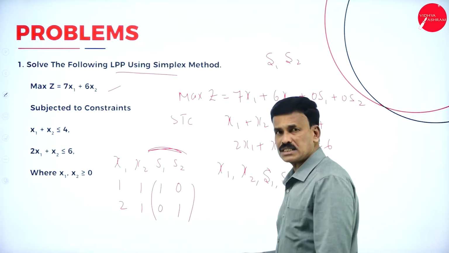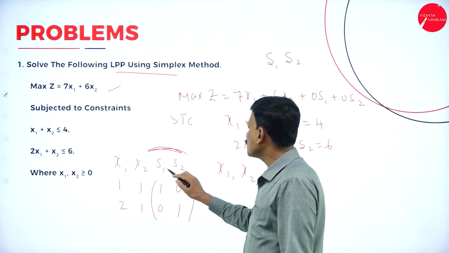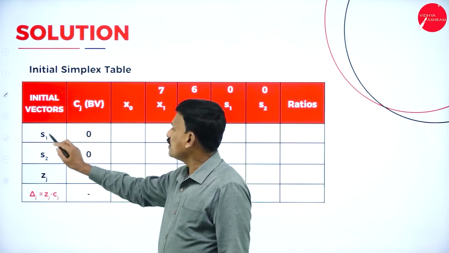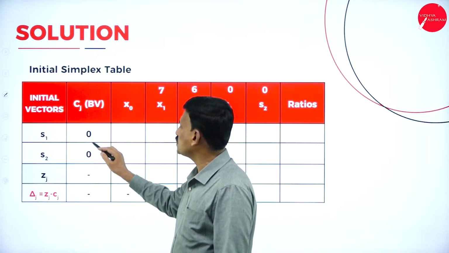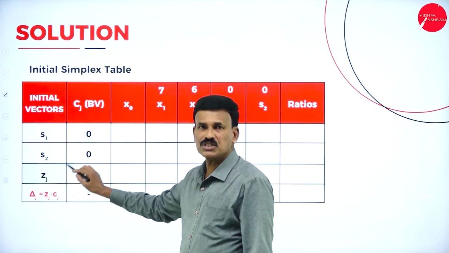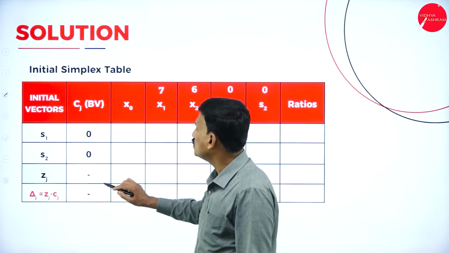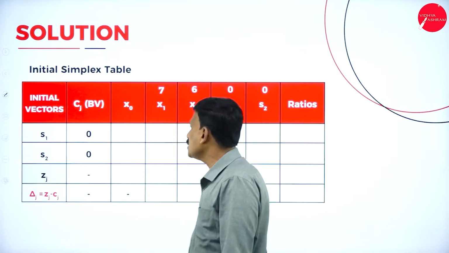Now let us construct the initial simplex table. In the initial simplex table we are going to use s1 and s2. So here the initial vectors are s1 and s2, and the initial cost of s1 and s2 is 0 and 0, and here it is zj, and delta j is equal to zj minus cj.